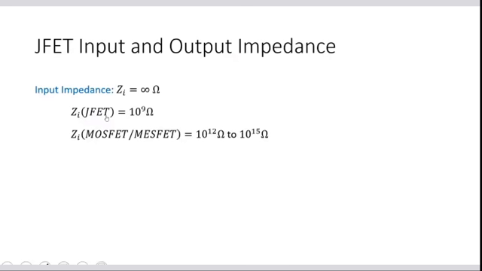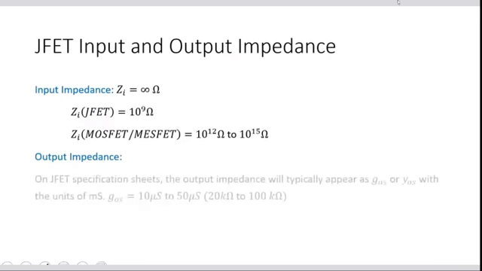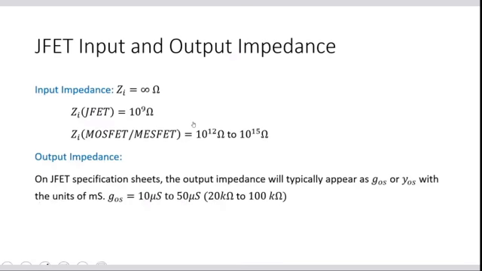And the output impedance, we can take those values from the specification sheets. In the specification sheet, we should observe that the output impedance is not directly given as Z0. Instead it will be given as GOS or YOS, where O means output and S means source.